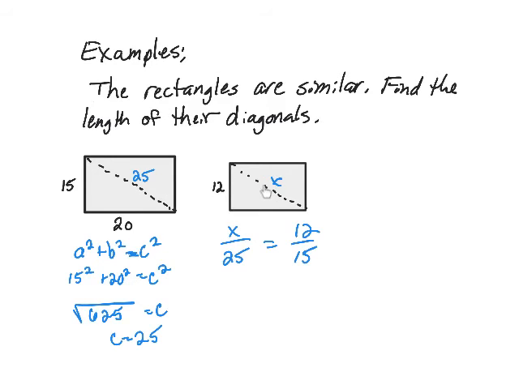You do corresponding sides, and the 12 goes with the 15. So you cross multiply, you get 15x is equal to 300, and so x is going to be equal to 20. So the diagonal of the second rectangle, the smaller one, is 20.